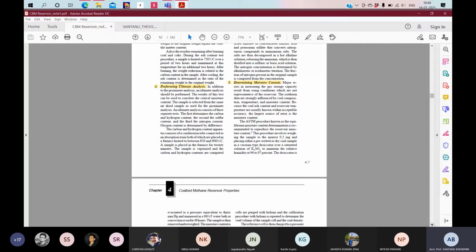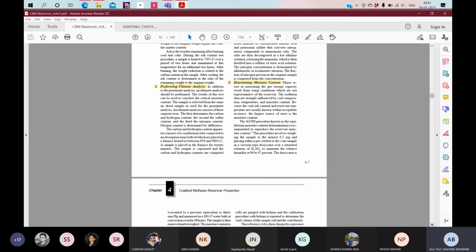Connate water you cannot take out totally, because it is inherent to the coal. You cannot separate that part of the moisture, so it is called the immobile moisture, or immobile fluid saturation when it is mixed with gas or oil and water; otherwise it is called the immobile water saturation.